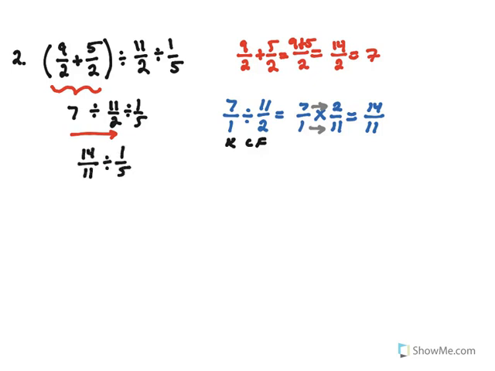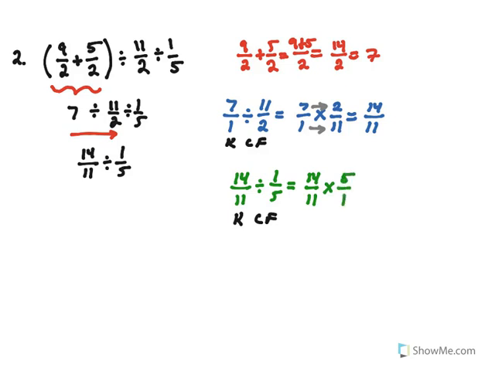And then now we just want to divide it by 1/5. Okay? So we'll do that here. 14 over 11 divided by 1/5. Okay, so you remember the rules, keep, change, flip. So this is going to give me the first fraction, keep that the first fraction, change the division to multiplication, and flip the second fraction.